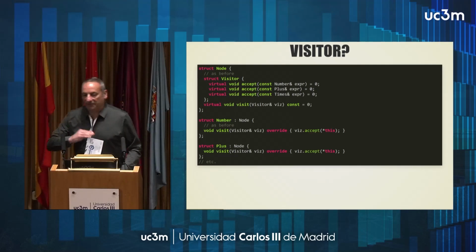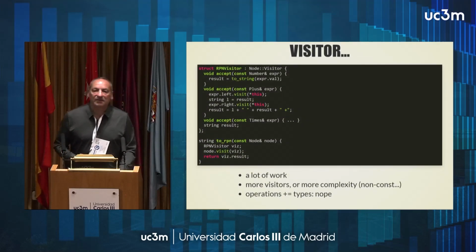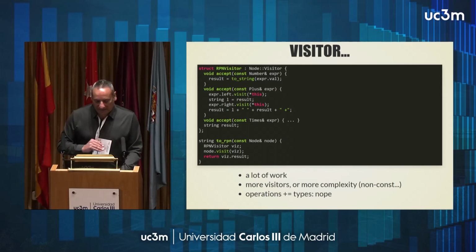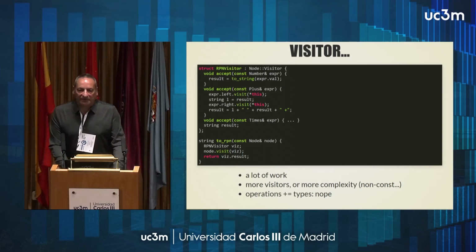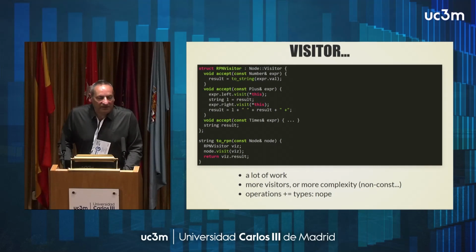Some of them do the traversal for you and so on. It's going to be a lot of code, but at least now you can add a toRPN operation without modifying the node hierarchy at the cost of deriving from the visitor and so on. It's a lot of work, but it's still a glorified type switch, meaning that we have exactly the same problem. Now we can easily add operations, but it has become difficult to add new subclasses of Node.